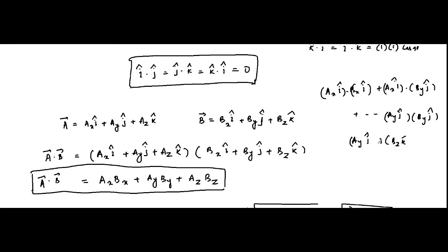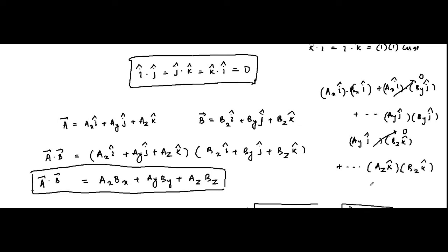Now here we know i cap dot j cap would always give us 0. Here this will always give us 0. So we only pick those expressions where the result will give us a non-zero result, which is the case here. Here k vector dot k vector will give us 1, and the same for the others.